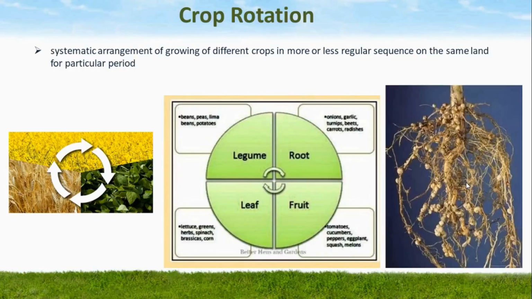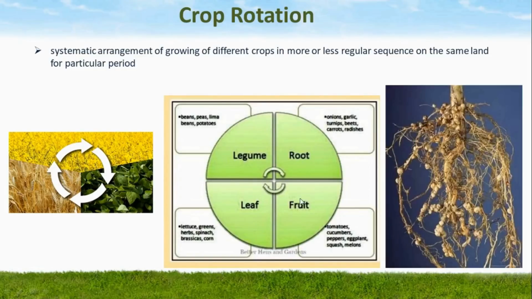Leguminous plants are essential in any rotation as they are useful for nitrogen fixation. You know that inside root nodules, many nitrogen fixing bacteria are present which increase fertility of soil. A mixed row cropping and livestock system is desirable or even essential for the success of organic farming.